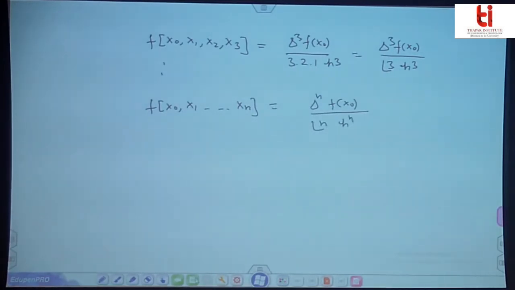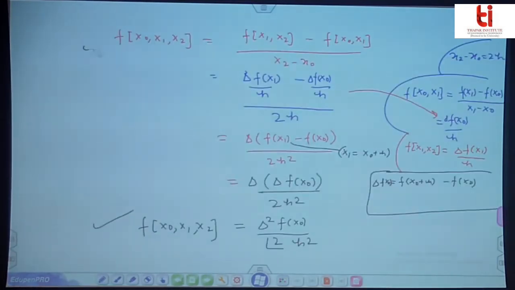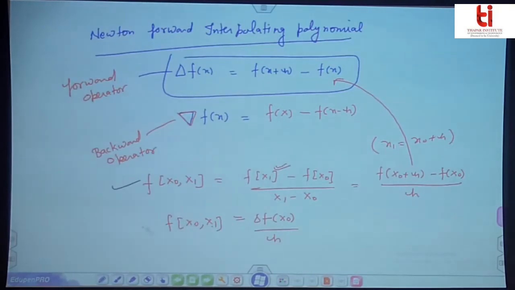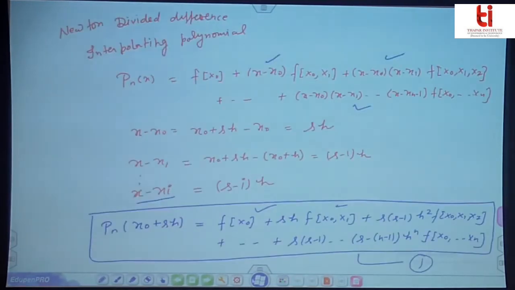Now put all the values into this formula. This formula is what? This is the Newton divided difference formula for equally spaced points.